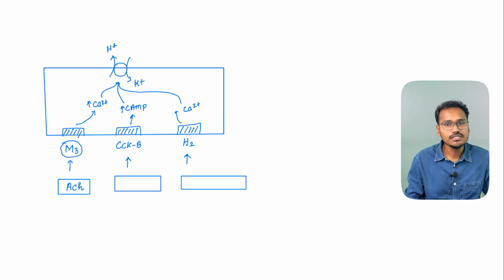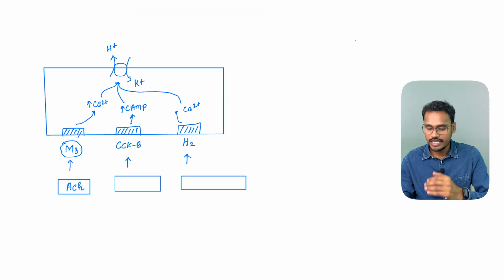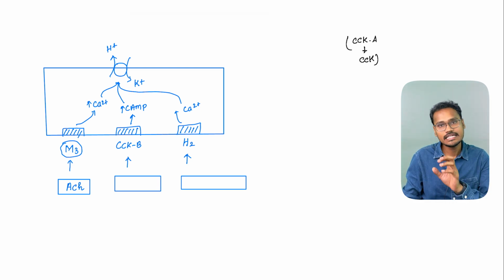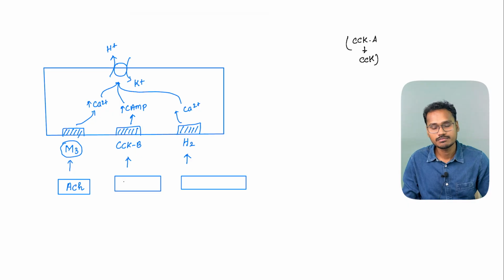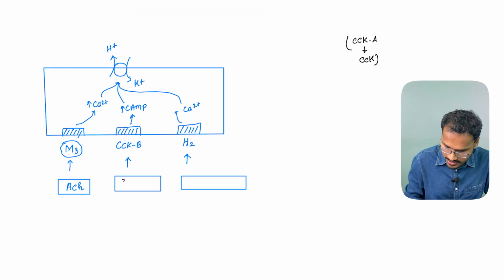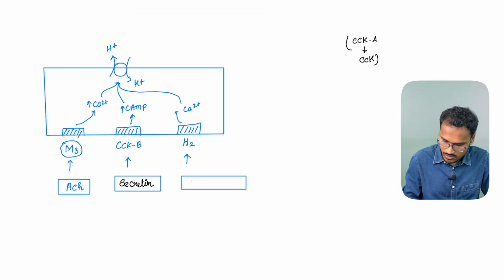Then there is a receptor called CCK B. CCK is cholecystokinin, but the receptor type is B, because CCK type A is also there, through which cholecystokinin will come into action. But it looks very similar to that receptor, so they have named it CCK B. So who is going to act on it? Secretin. Then there is another receptor called the H2 receptor, through which histamine is going to come and act.